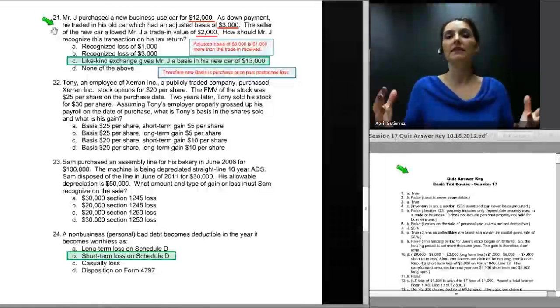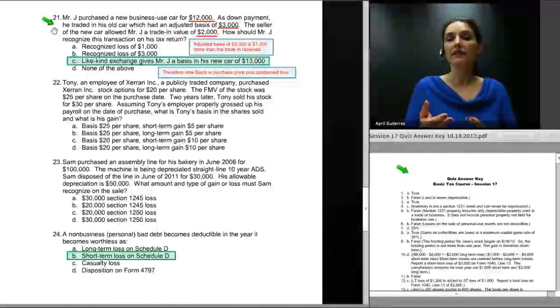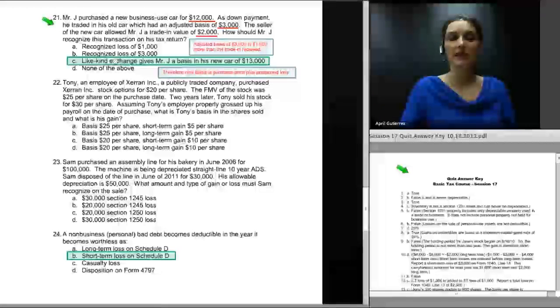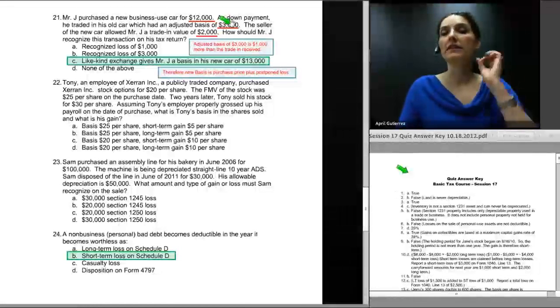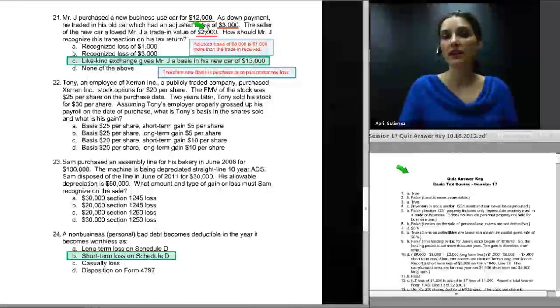So what is his basis in the new property? Well, his basis in the new property is going to be his basis in the old property plus any boot he brought to the table. So let's look at it. He purchases a new car costing $12,000, and he has an old car with a remaining basis of $3,000. He trades in the old car, but they only give him $2,000 of trade-in value.